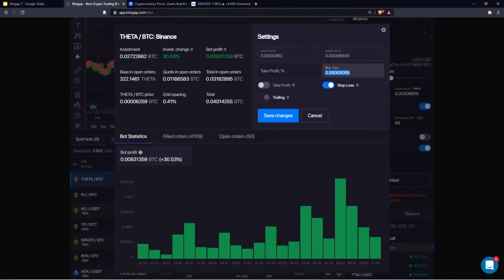So that's exactly at this price. If the price falls from the current level to this level, then it will automatically sell all of the base currency, which you will see over here in details. And by that, it ensures that you have 100% exit from the market.